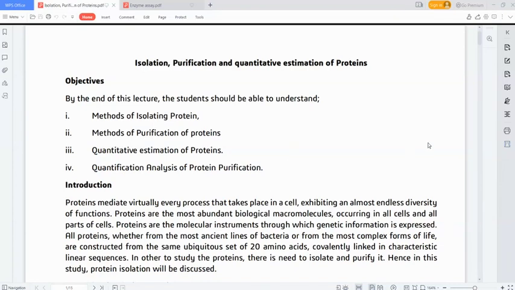I really want to do a review on the extraction, isolation, purification, and quantitative estimation of proteins. Proteins are quite numerous.